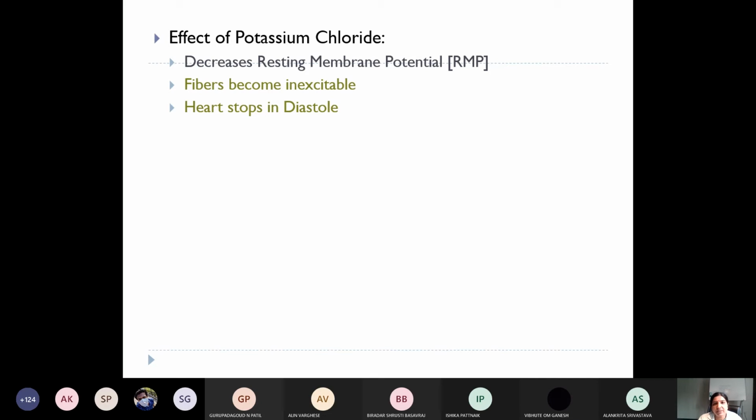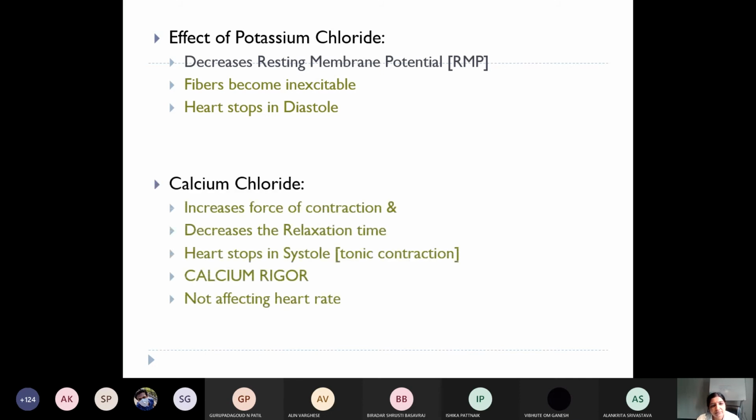So fibers become totally inexcitable and the heart stops in diastole. So these 3 points you remember. Heart stops in diastole, okay. How does it stop? By decreasing the resting membrane potential only. Leave aside the action potential. The resting membrane potential itself is decreased, so fibers become inexcitable to any next stimulus. This is the effect of potassium, or hyperkalemia.